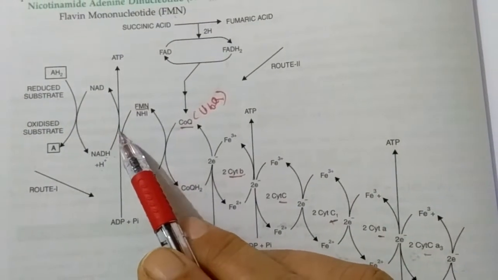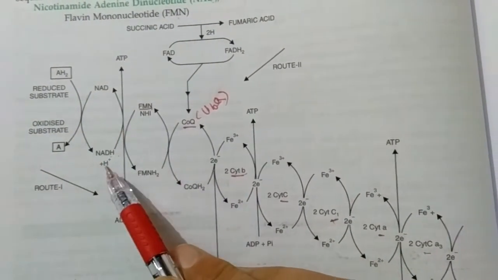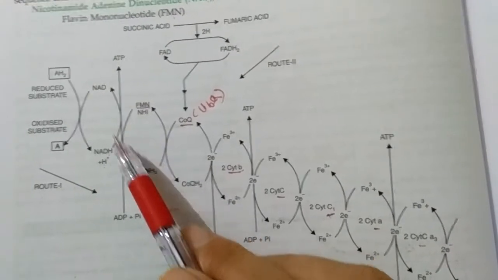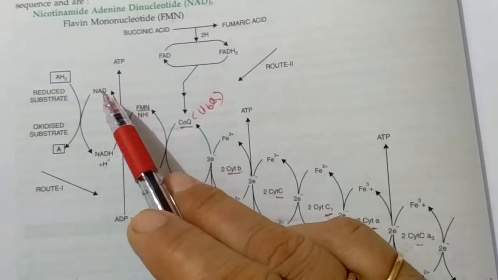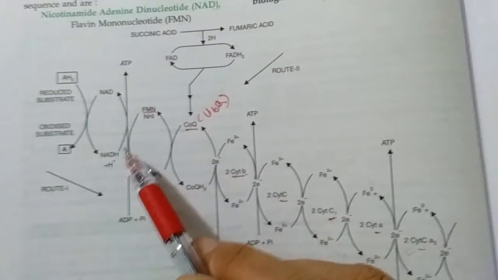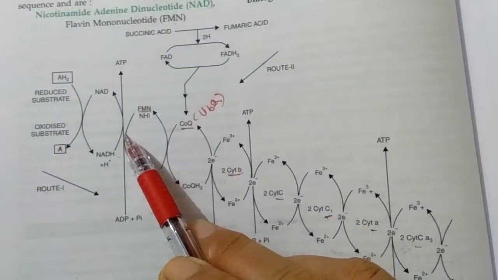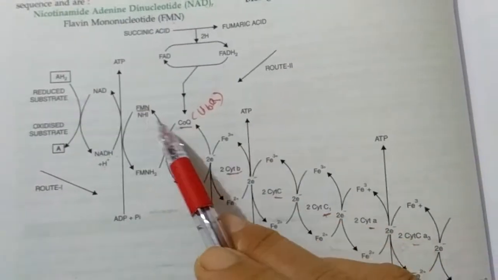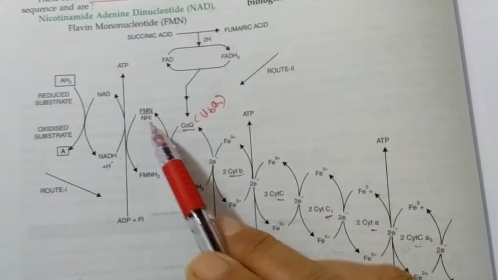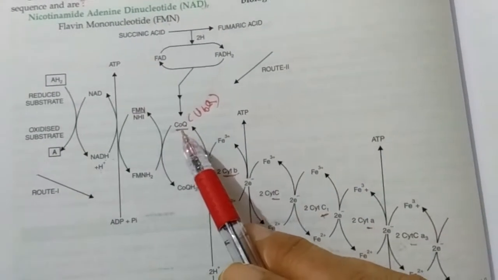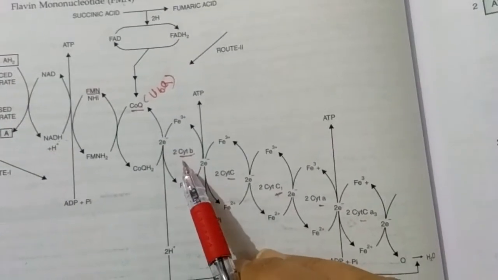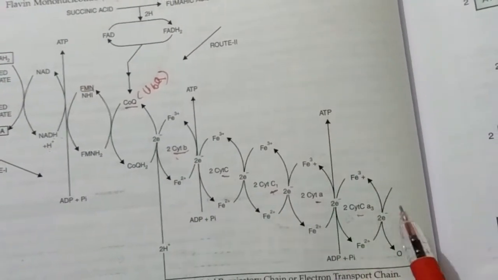First of all, the electron formed from this hydrogen of NADH2, when it has oxidized to NAD, will pass on to coenzyme Q, ubiquinone, through FMN. This is the first route, and from coenzyme Q it will pass to the assembly of cytochromes, that is cytochrome B, C, A and A3.